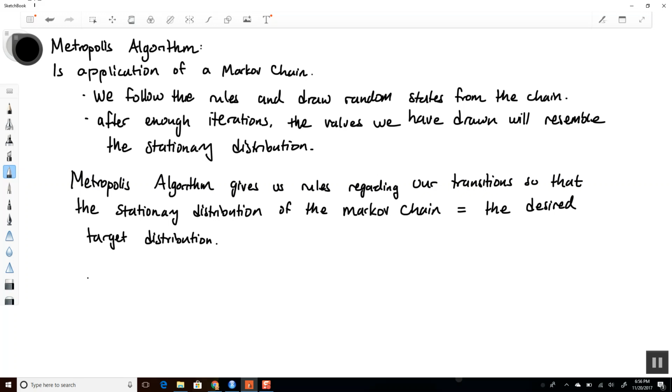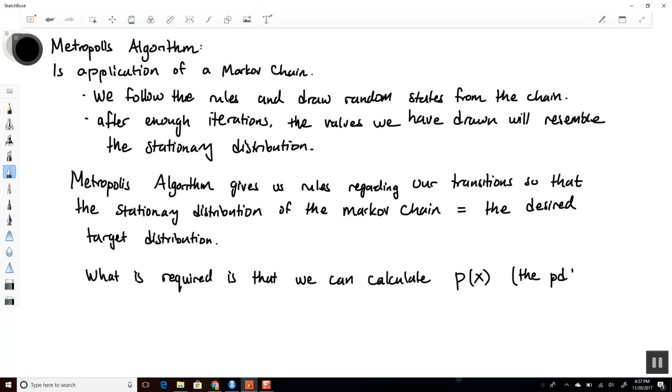The only thing that is required is that we can calculate P of x, the PDF of the target distribution, or at least something proportional to that target distribution.